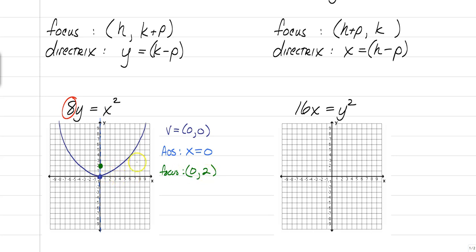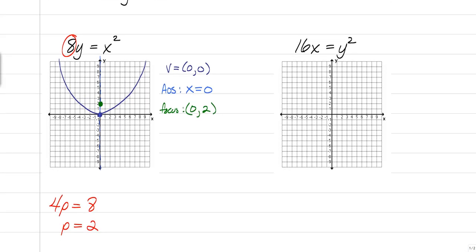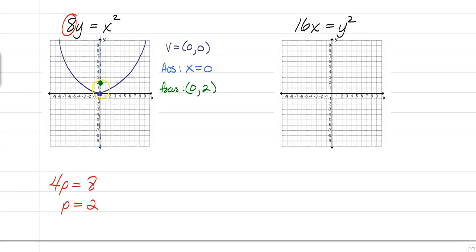But again, memorizing formulas is sometimes more complicated than it needs to be. So if you think about the term that p is just your distance from the vertex, then your focus is 2 above because it must be inside. The other thing I also told you is that the directrix is always outside of the parabola and will never touch the parabola.